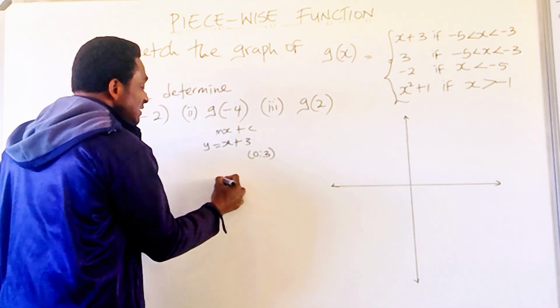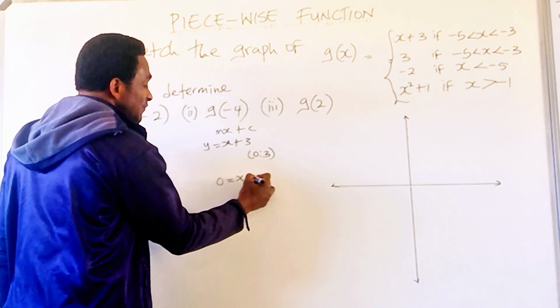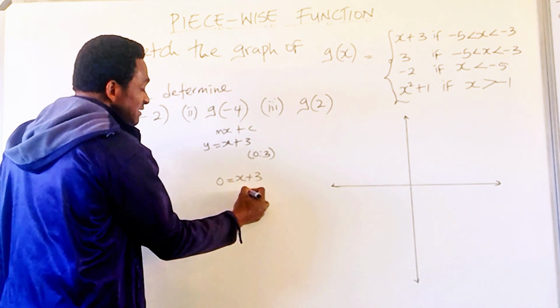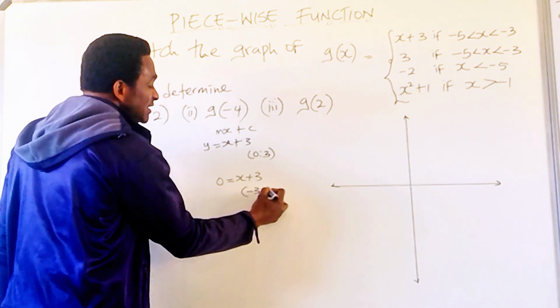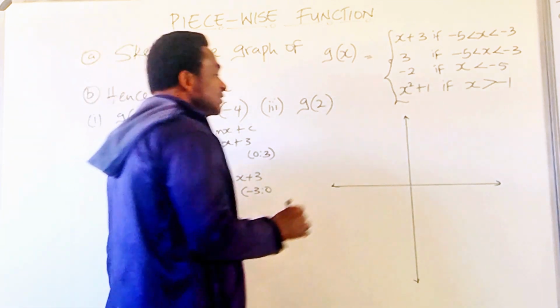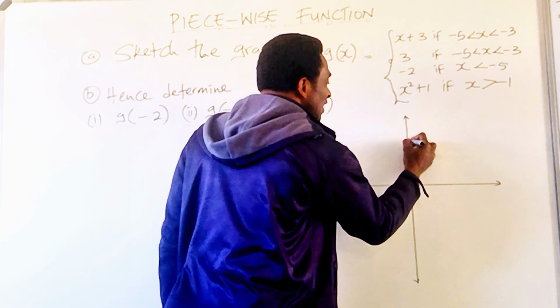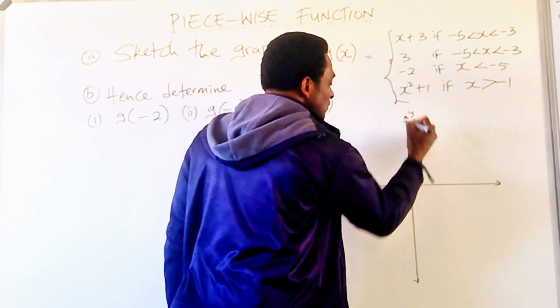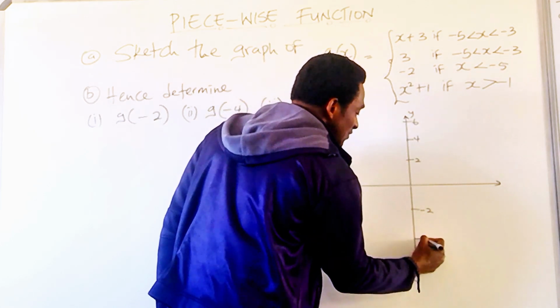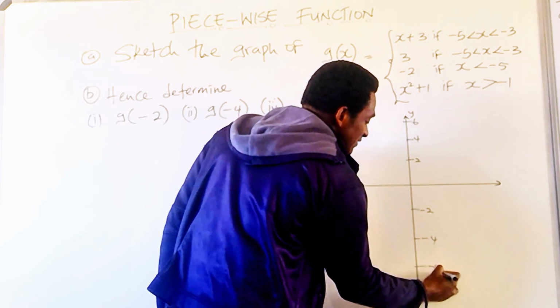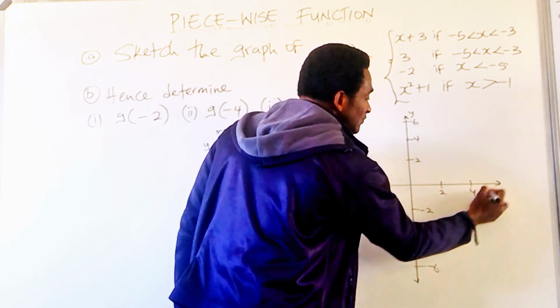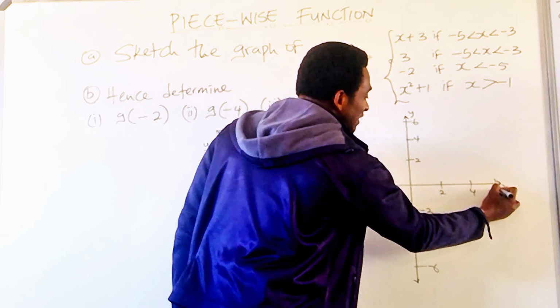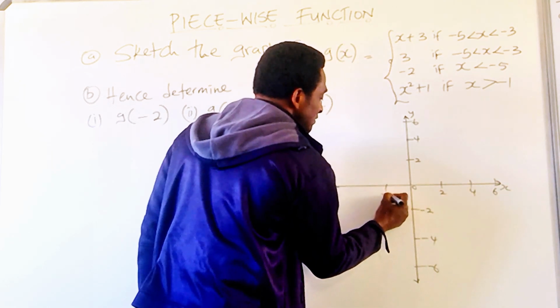So to get our x-intercept, we make y 0. So our x-intercept will be -3 and 0. So we have these 2 points. So let's pick our points 5, 2, 4, and 6 as y here, -2, -4, -6. I'll use the same scale for both x and y axes.